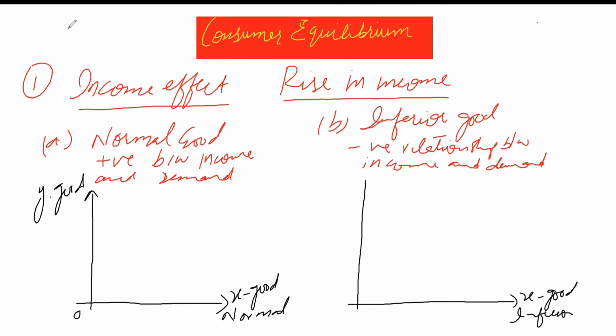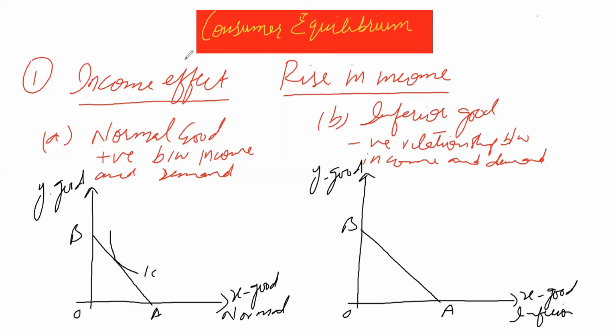So if there is a rise in income, how will consumer equilibrium change? In the left hand side graph, first of all draw a budget line and label it AB. AB is just a notation, you can write it AA or BB or anything, and repeat the same process in the right hand side graph.